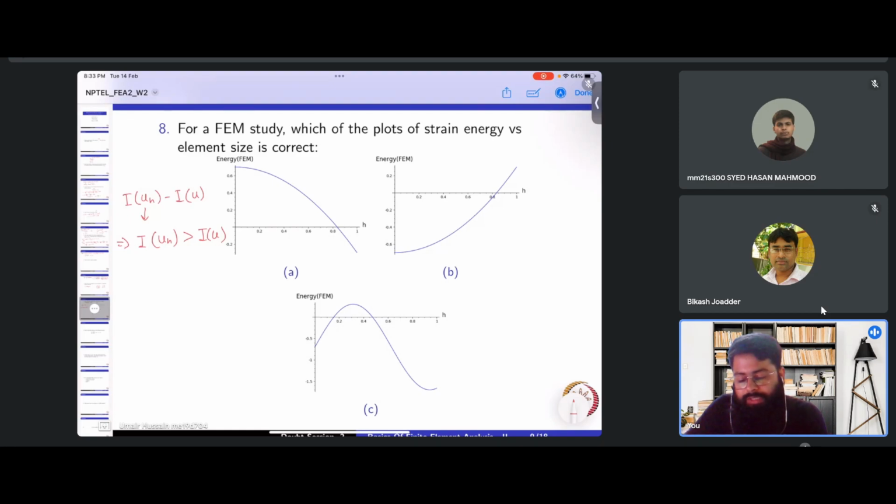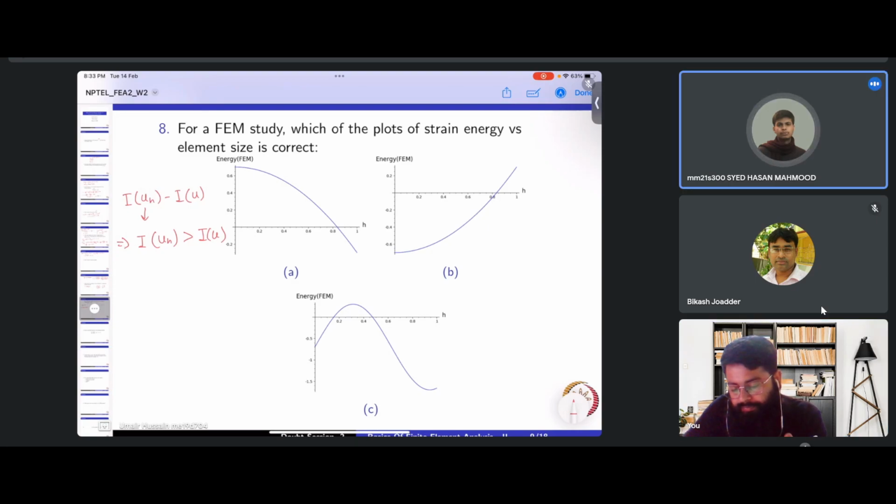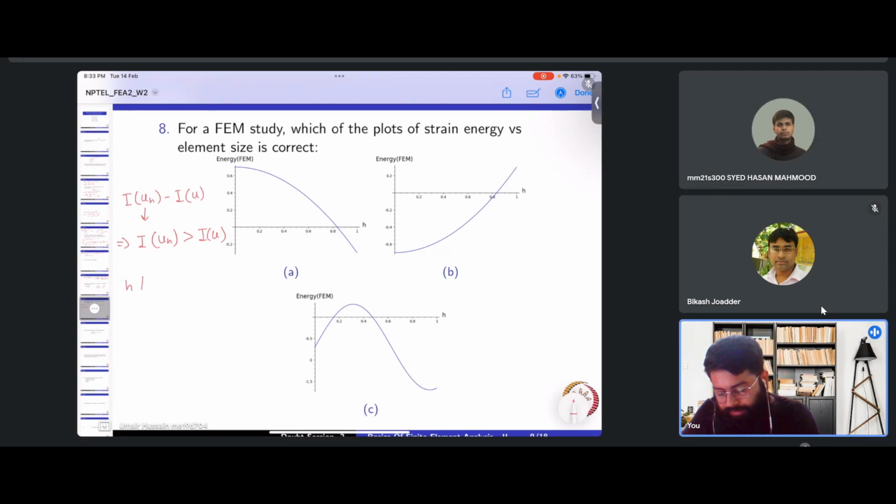The plot is telling you, as you increase the size of the element, what is the change of your energy from FEM, right? I think it will increase as the element size increases. So as H increases, the error would also increase, right?